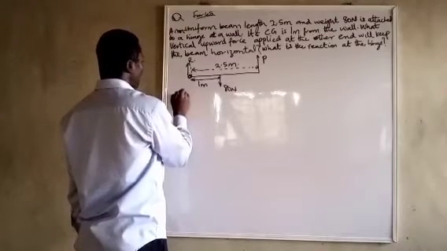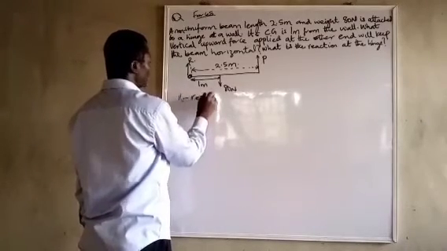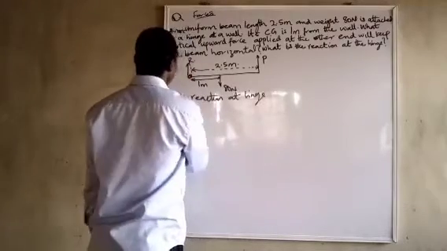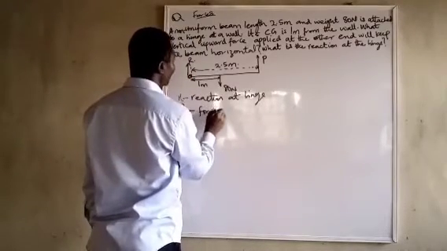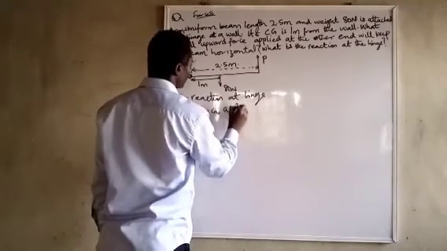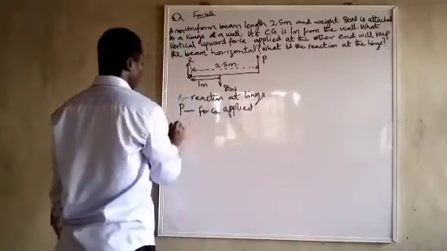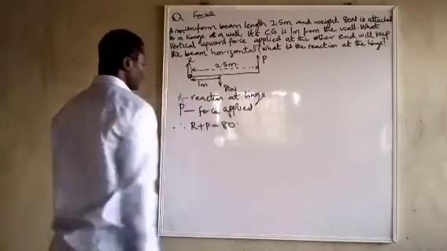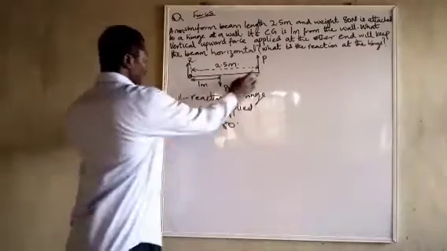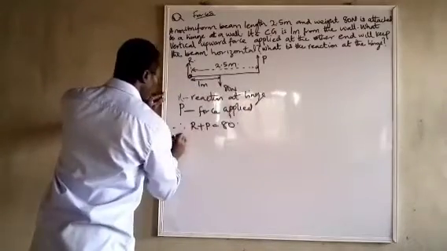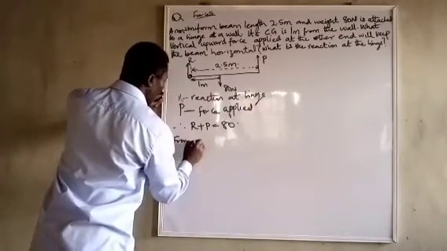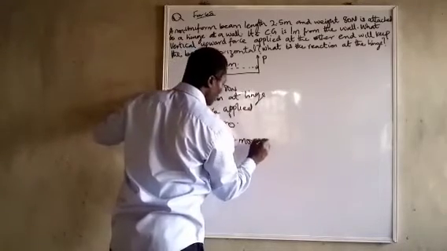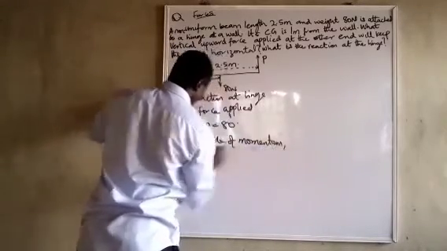So let's start. R is the reaction at the hinge, and P is the force applied. Therefore, R plus P is equal to 80. We can also use the principle of moments at equilibrium.